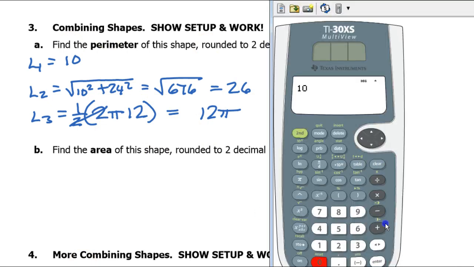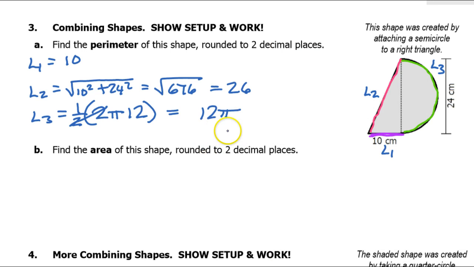So we would do 10 plus 26 plus 12 pi. So that's going to be 73.70. Got to round up. And let's not forget the units, centimeters.